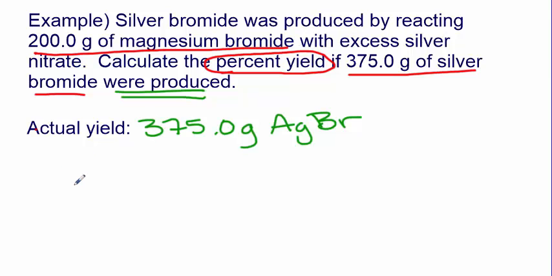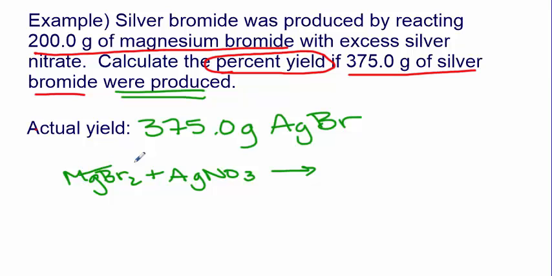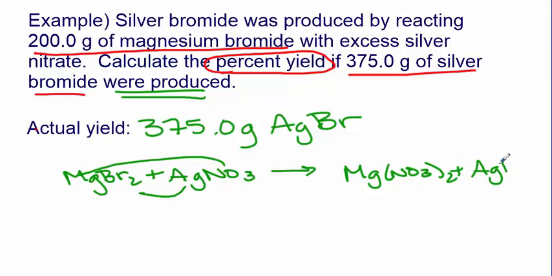So I could actually write my balanced equation if I know magnesium bromide plus silver nitrate. Alright, this is a double replacement reaction, so we're going to get our magnesium going over here with nitrate. We get Mg(NO3)2 and our silver bromide, AgBr. Now this is not balanced. I would have to make sure I balance that. So of course I have that on the next slide for us.